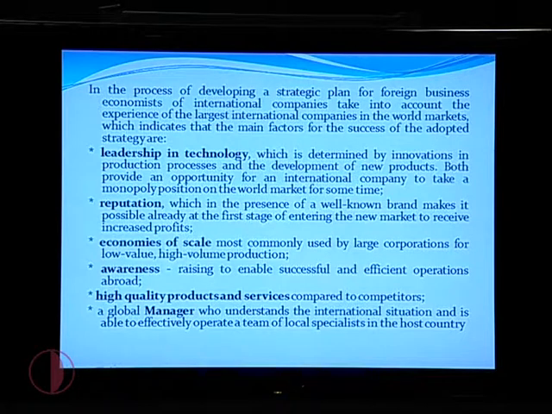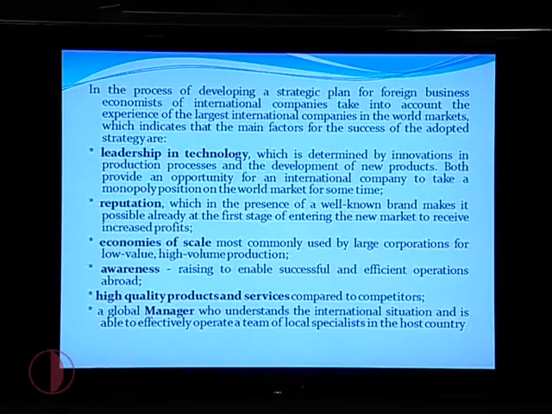Reputation, which is the presence of a well-known brand, makes it possible already at the first stage of entering the new market to receive increased profits. Economies of scale are most commonly used by large corporations for low-value, high-volume production.